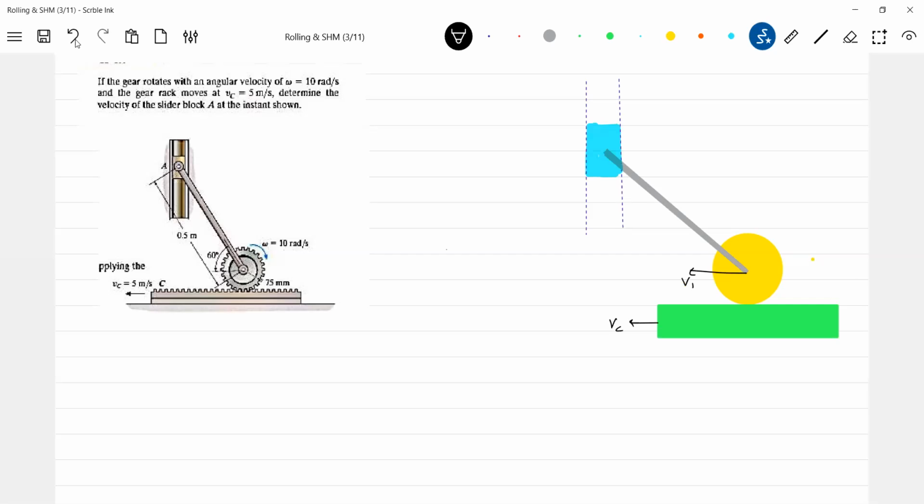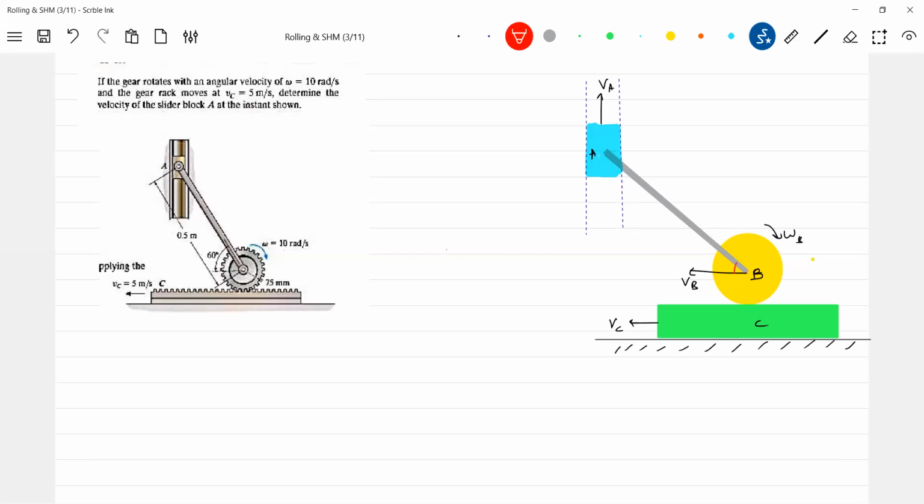Velocity of point B, omega B. Okay, now I think most of the students, you feel very comfortable, at least looking at this diagram.